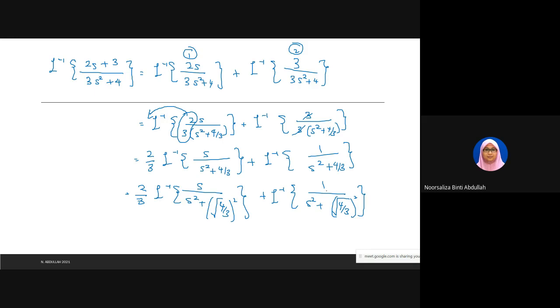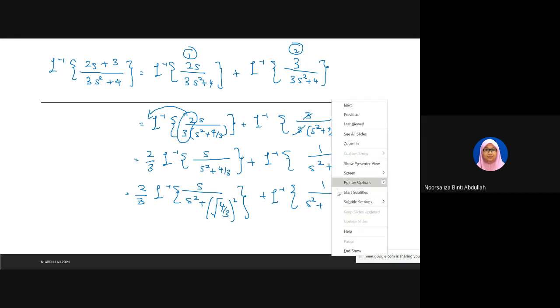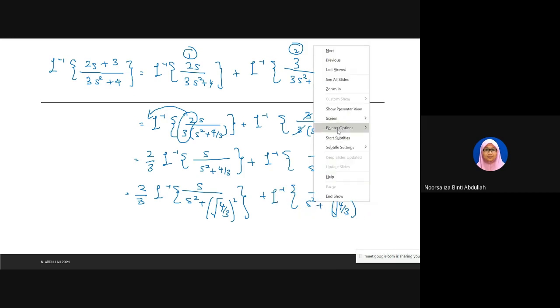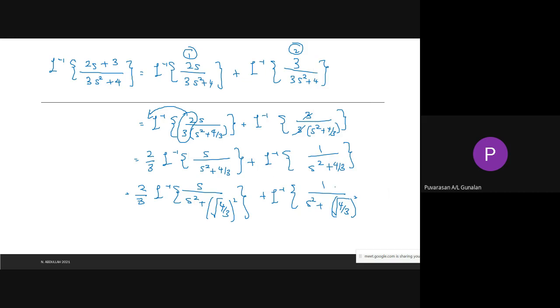So this one you have a 1, then you have to modify a little bit this one so that you get a a here. So you have to darabkan dengan square root 4/3, square root 4/3.